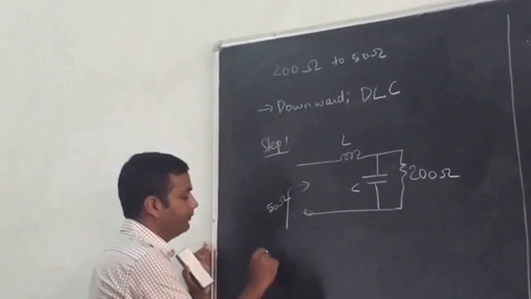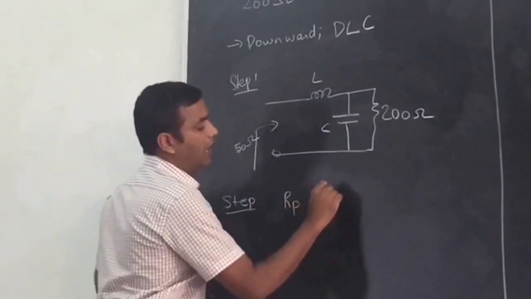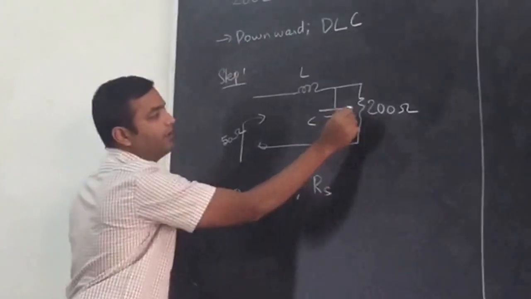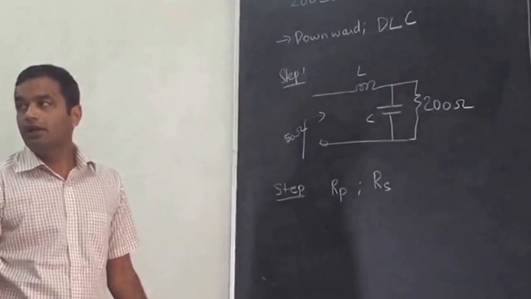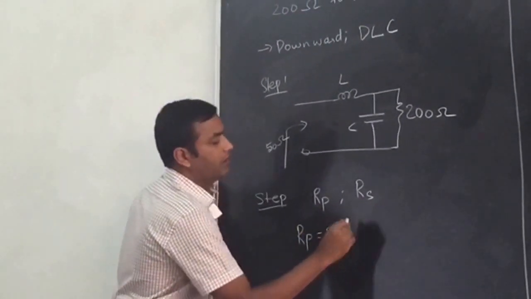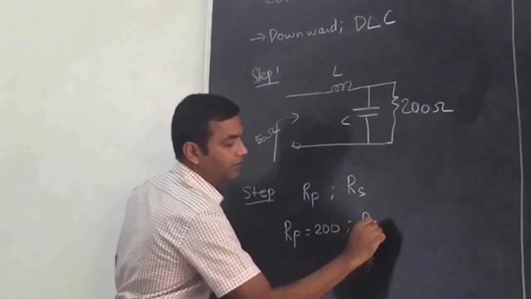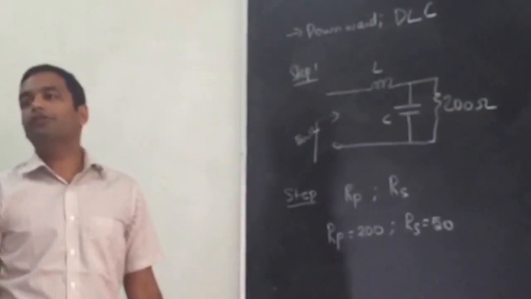What is step 2? Identify RP and RS. Find out RP and RS. Are these two connected in series or in parallel? They are connected in parallel. So what is RP? 200 ohms. And RS will be 50 ohms, yes or no?